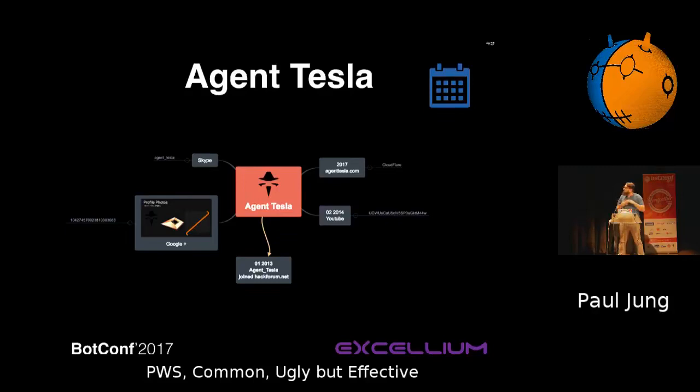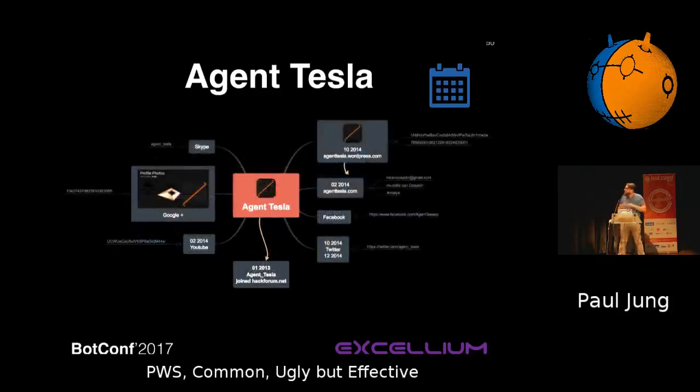They have a YouTube channel, they have Skype access, and if you take a look at the Google Plus pages connected to Agent Tesla, you may find older logos of Agent Tesla. And if you go back in time to 2014, you may find some more information, which is really funny to see.